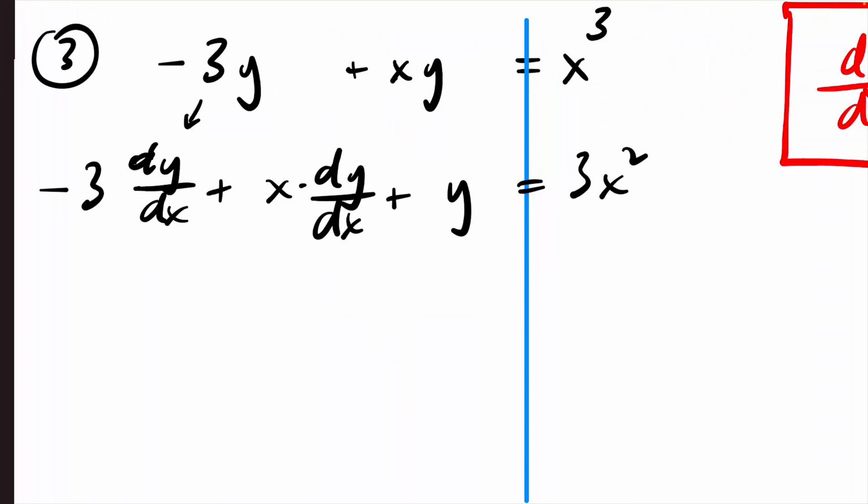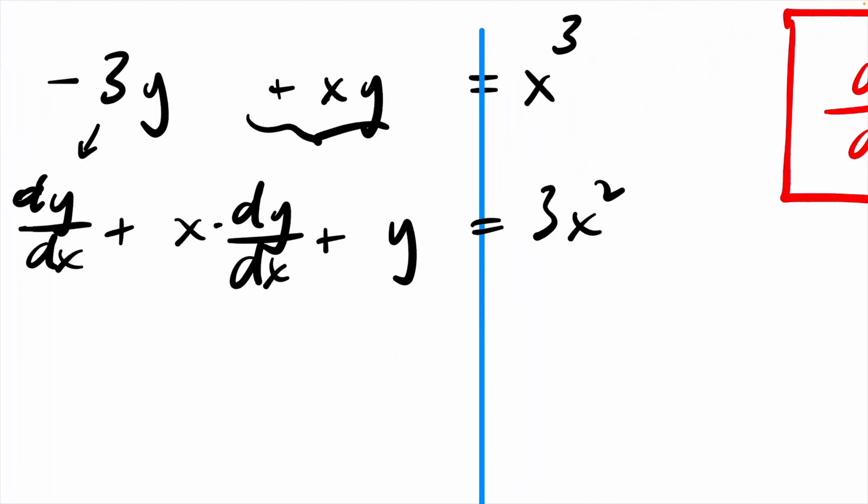To do that, I had to use the product rule, because these are multiplied together. The product rule says the first, which is x, times the derivative of the second. What is the derivative of y? 1, but didn't I just find the derivative of y?